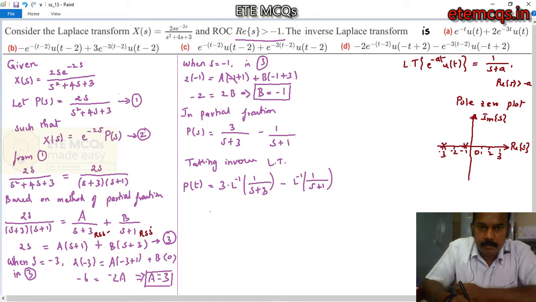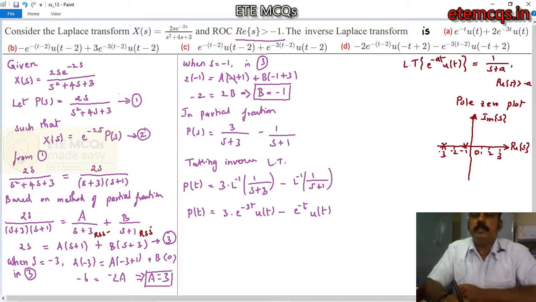Now, 3 times Laplace inverse of 1 by s plus 3 is e power minus 3t u of t, minus Laplace inverse of 1 by s plus 1, which is e power minus t into u of t. So this is your p of t.